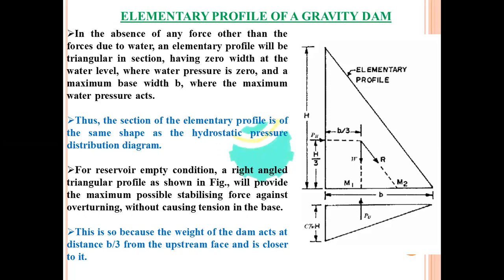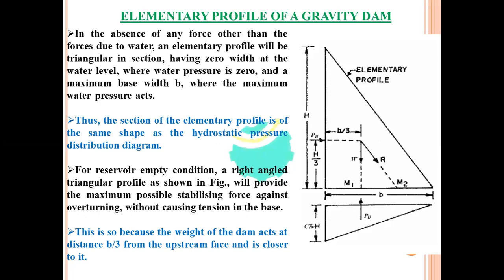What is the use of the elementary profile? In this, we are fixing the base width and the three major forces and the resultant force, and checking that the resultant force passes through the one third of the base. Whether the one third law is satisfied by the design or not is verified through the elementary profile.